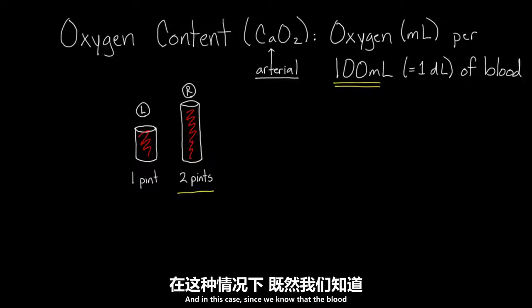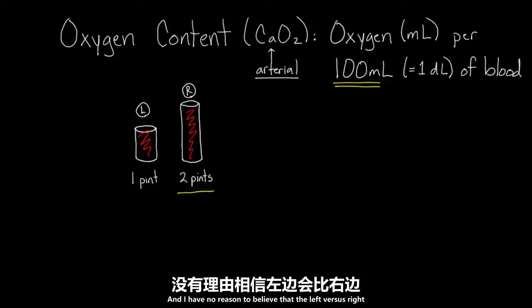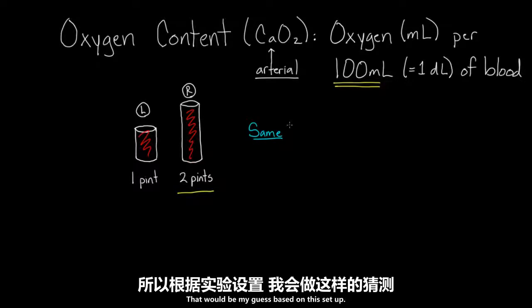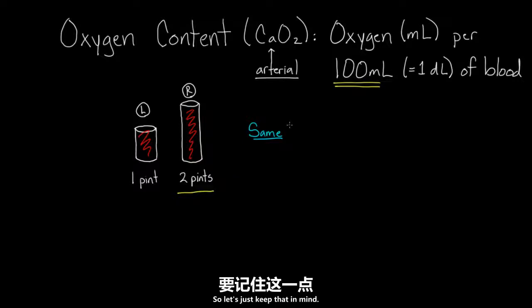And in this case, since we know that the blood was drawn at the same moment from my 2 arms, and I have no reason to believe that the left versus the right had a higher oxygen saturation, I would say actually probably the 2 had the same oxygen content. That would be my guess based on this setup. So that's one important thing to remember, that it's per 100 ml. Let's just keep that in mind.